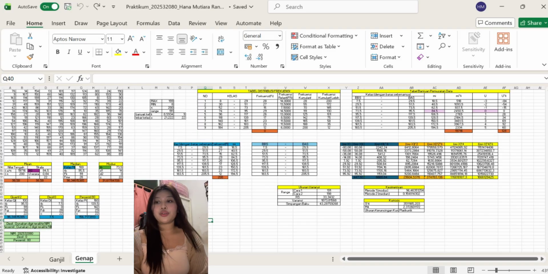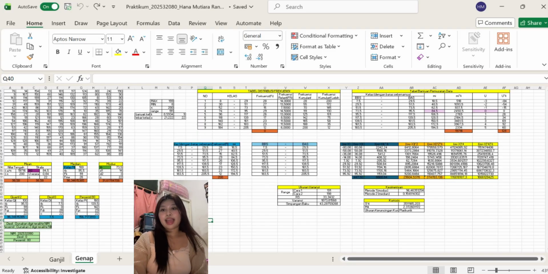Since the value is positive and our mean of 98,58 is greater than our median, it indicates that our data curve is positively skewed, meaning it has a tail extending toward the right.